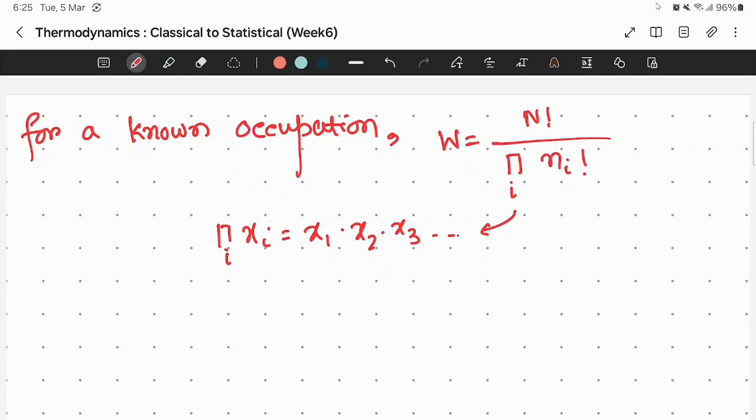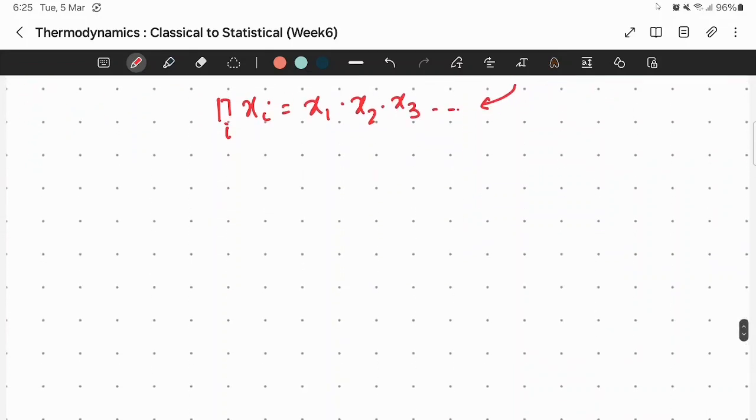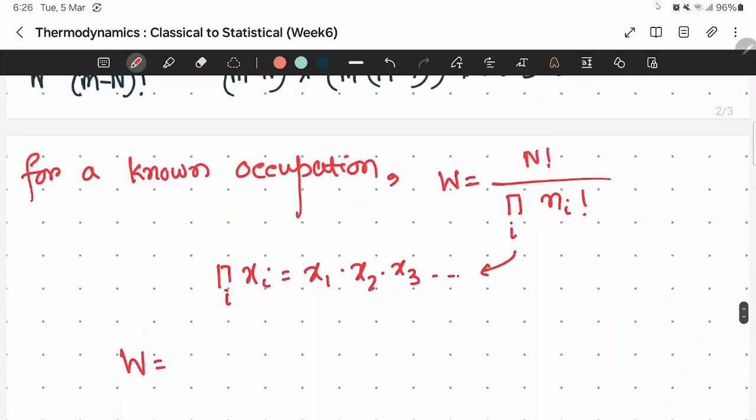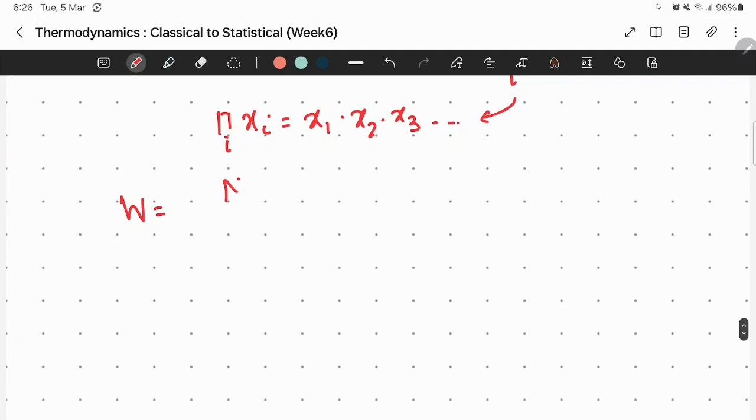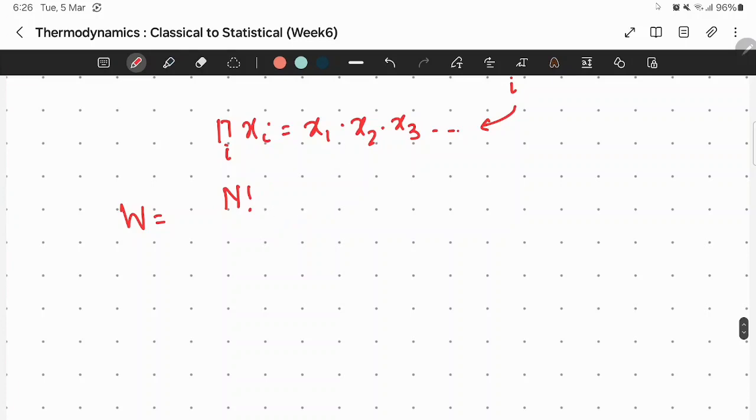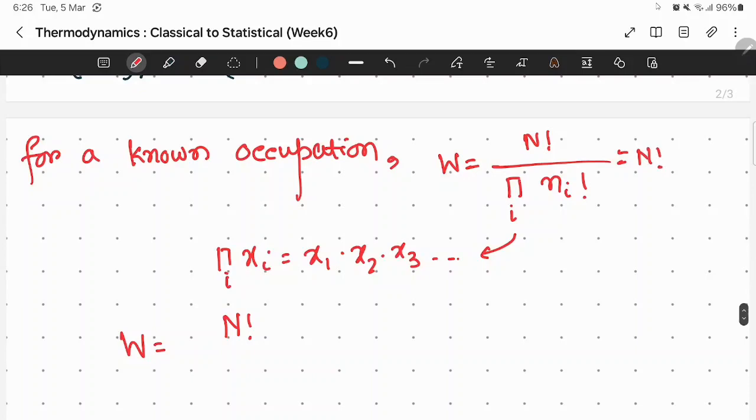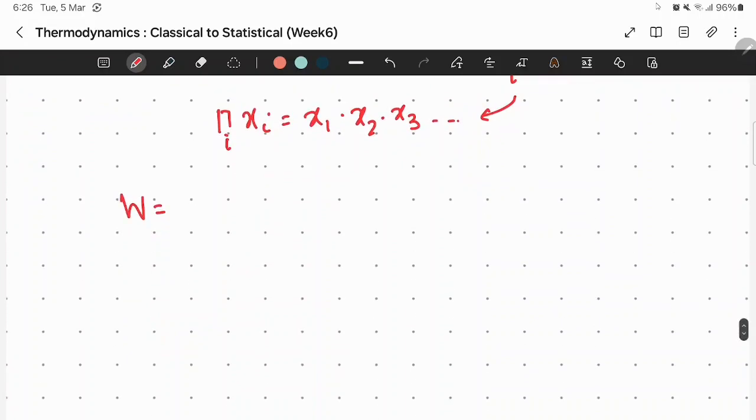But this form is also not general because we are not considering the degeneracy. So if the degeneracy is concerned, then the general form will be W equals n factorial into the product over i of gi to the power ni divided by ni factorial.